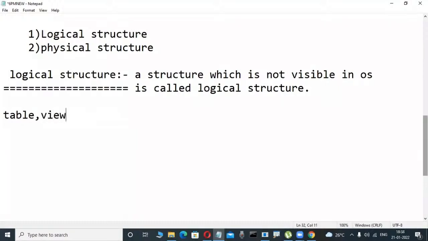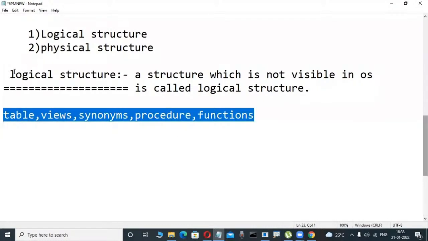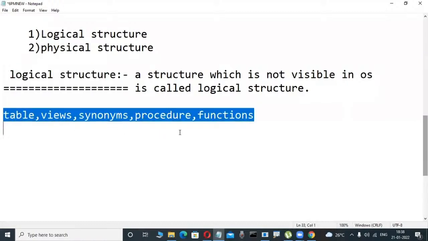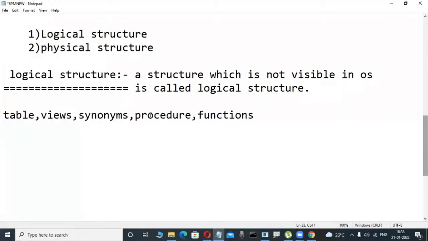Views are there, synonyms are there, indexes are there. These are all database objects. Procedures, functions, triggers, packages are there. So many things. These are all logical structure. That is not visible in the operating system.